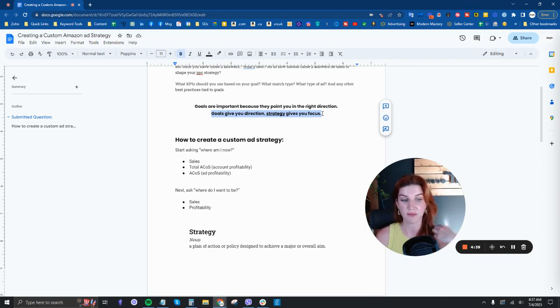So it makes sense for me to decide in the beginning where I want this journey to take me. And then that helps me define, okay, do I take this fork in the road or do I take this fork in the road? That one gets me there faster. And that's kind of what strategy does. So strategy gives you focus.